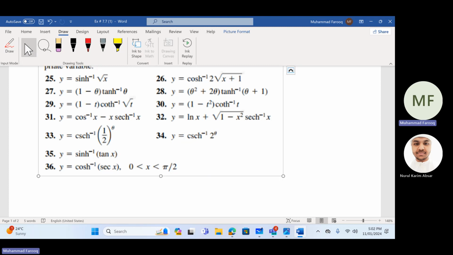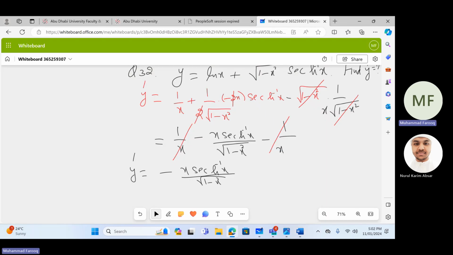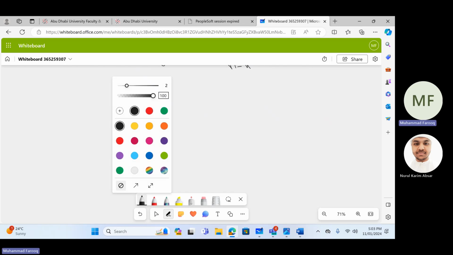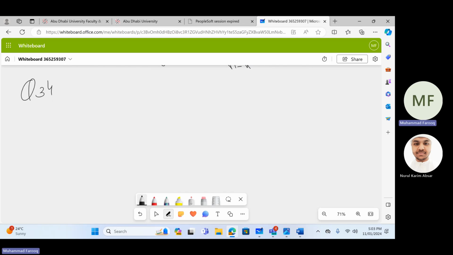Please give me question 34. Question 34: y is equal to cosecant inverse hyperbolic to the power theta. We need y prime.